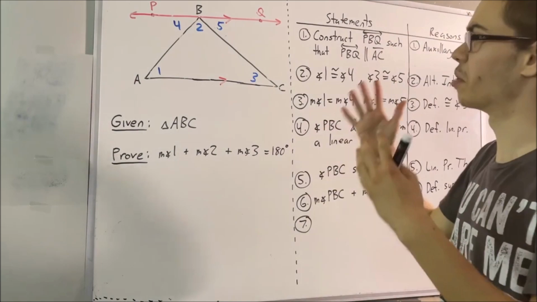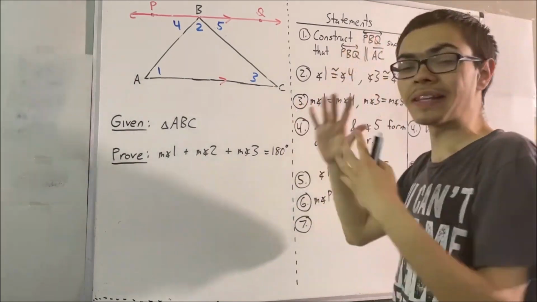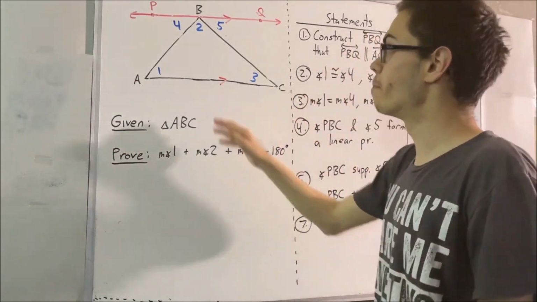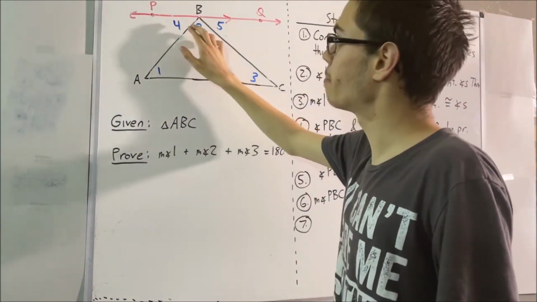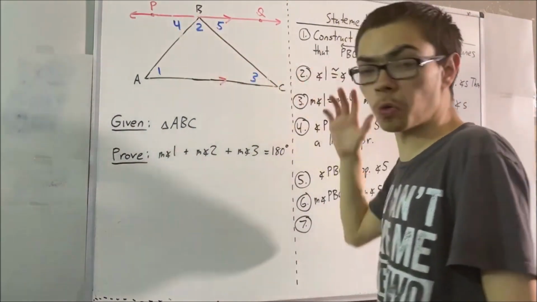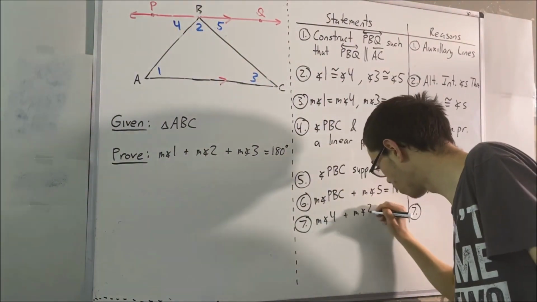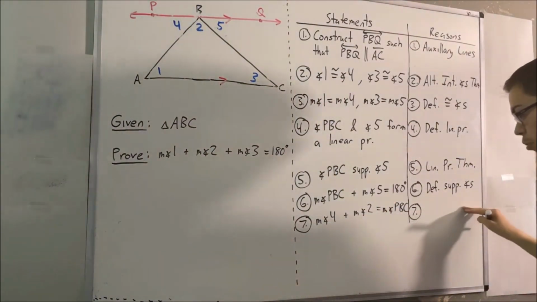Now, another thing to notice about this figure is by the angle addition postulate, the measure of angle 4 plus the measure of angle 2 must equal the measure of angle PBC. So we could say that as well. So this is by the angle addition postulate.